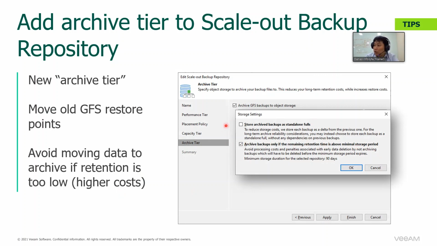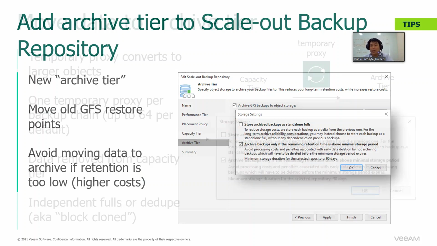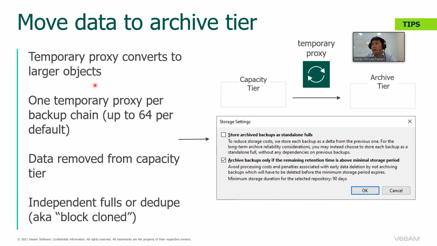they can also have another option here to store your archive backup as standalone full. So what happens here? Now, over here, when I move data to Archive tier, first thing, they will require to run a temporary proxy. So this is actually like your worker node service. Okay?